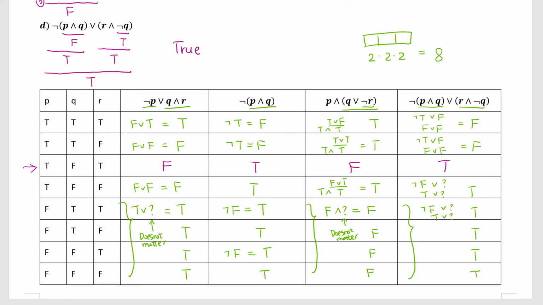So I hope you see, now we have 3 propositions, then we have 8 possibilities. Or if we have 4 propositions, how many possibilities will there be? Yes, 16. So our table can get bigger. But usually, we'll do at most 3 propositions, so at most 8 possibilities.